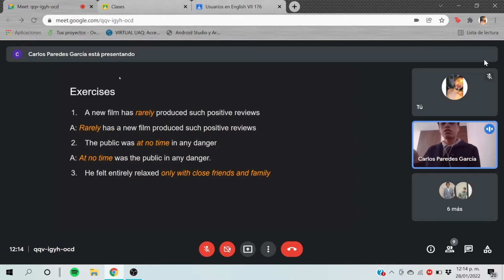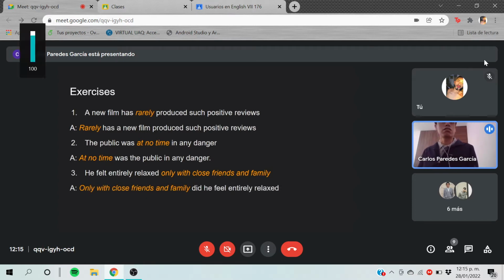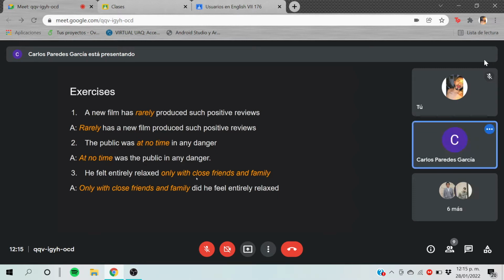In this case, you have to put an auxiliary. So you add the did after the only with close friends and family. Always an auxiliary, even if in the original sentence it is not there. You have to put it. Okay, so in this case, did.